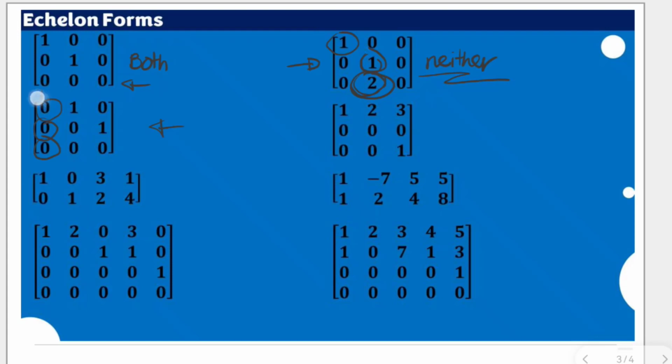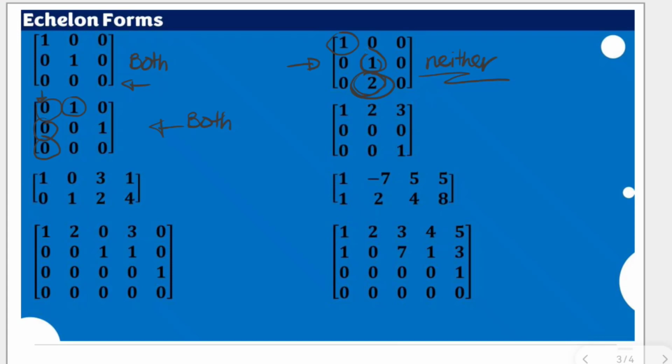So it won't matter with regards to the identification, since this is also both row echelon and reduced row echelon form, because we have a leading 1 with zeros at the bottom of it, as well as this leading 1 also with 0 above it. So this is an example again of both.